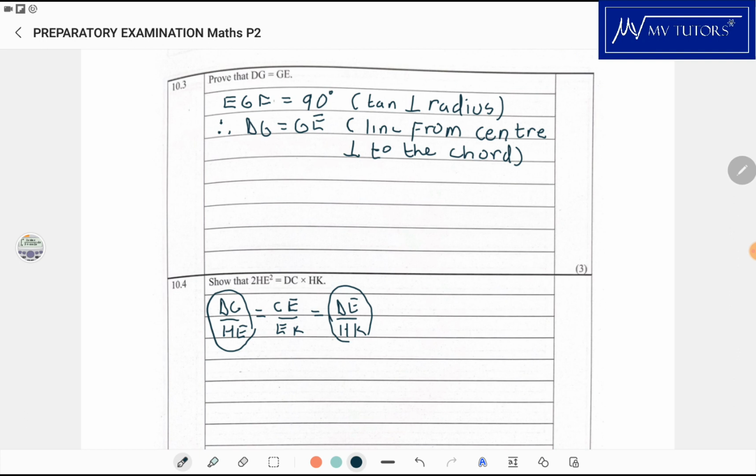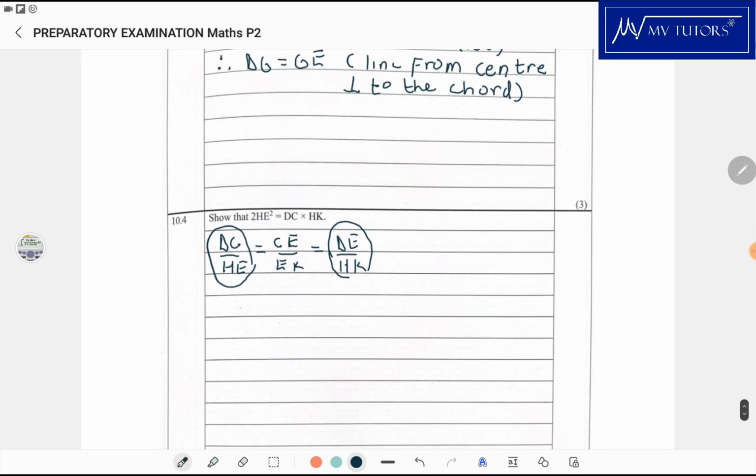So what we'll do is cross multiply. I'm going to say DC times HK is equal to DE times HE.